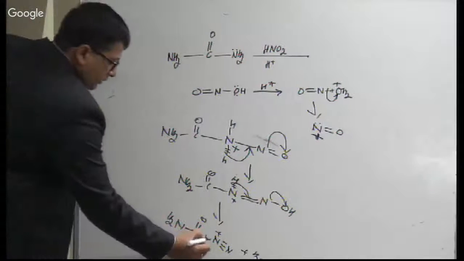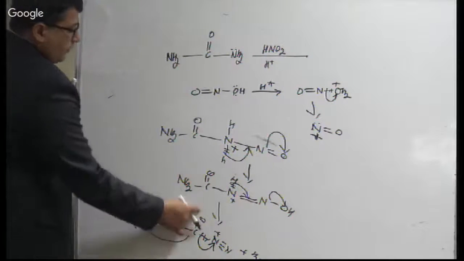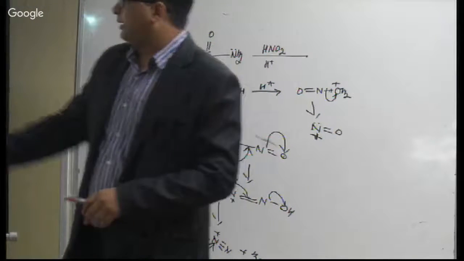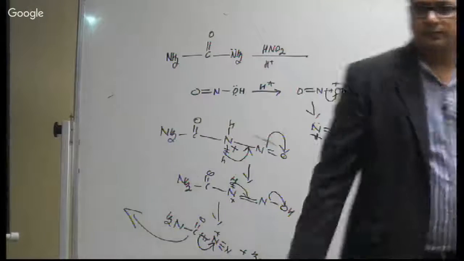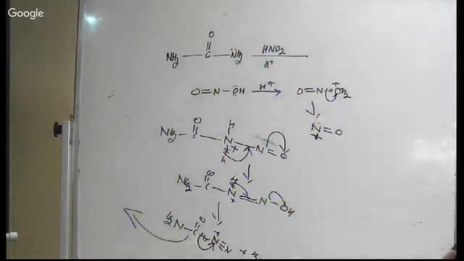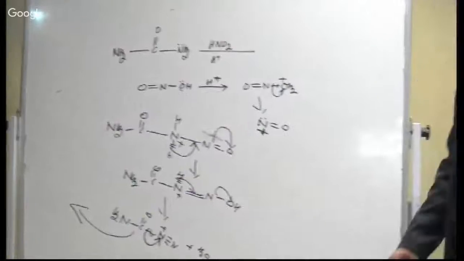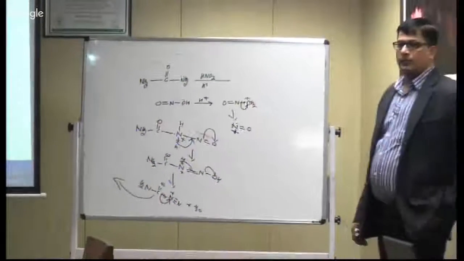Now this diazonium accepts an electron and is converted to NH2 C double bond O OH and nitrogen gas, which on heating gives CO2 and water. Clear? This is an amine-nitrogen reaction, you must have seen it in diazonium formation.